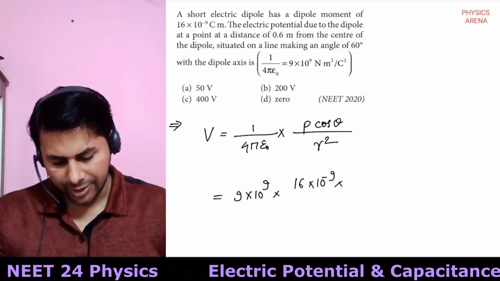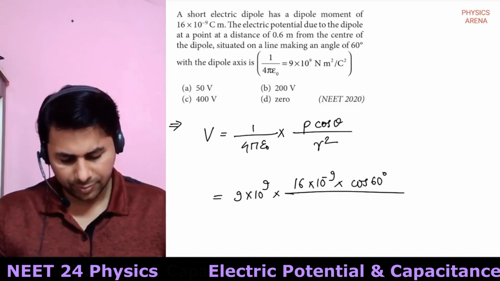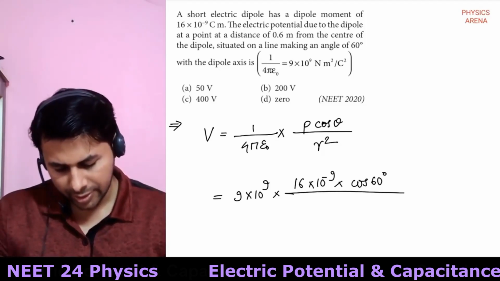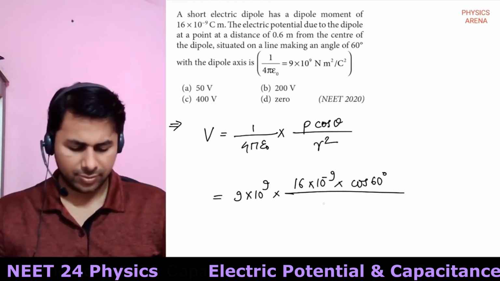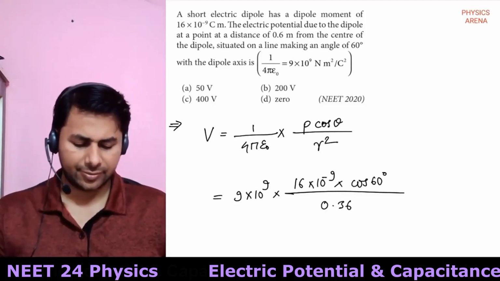It is cos of which angle? 60 degree. Cos of 60, yeah, half. And the distance is 0.6, so r square will be 0.36.